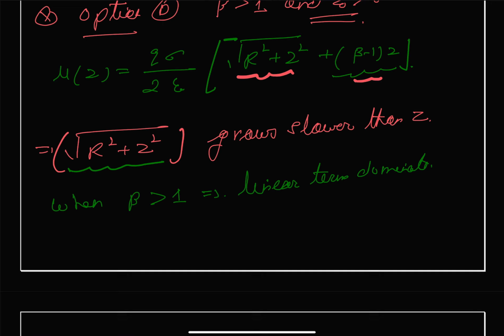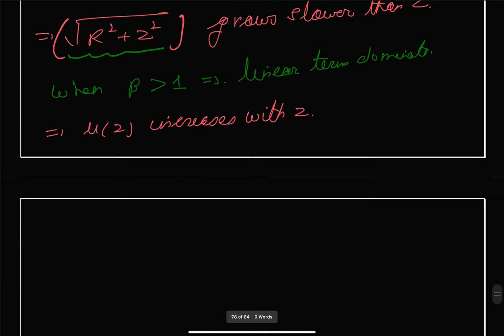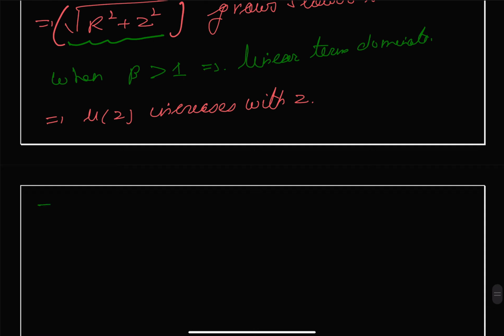So we can say our u of z increases with z. Thus we can write that our u of z naught will be greater than u of 0, for z naught greater than 0. So it means the particle is released from rest at a higher potential.